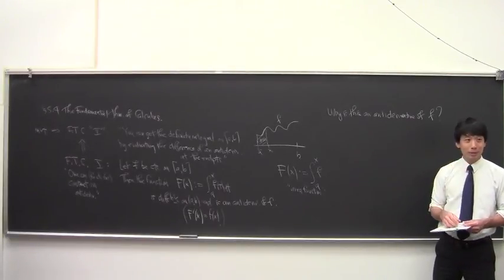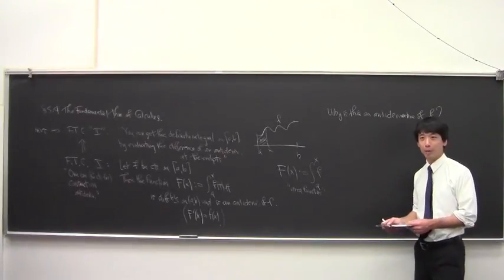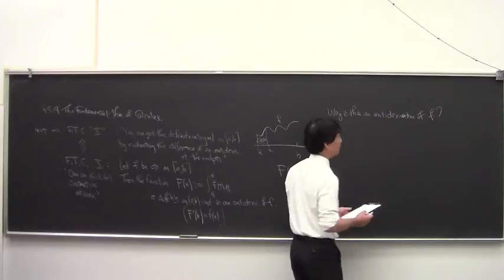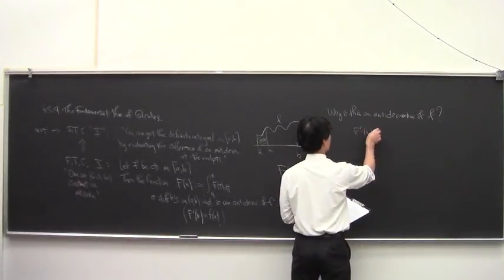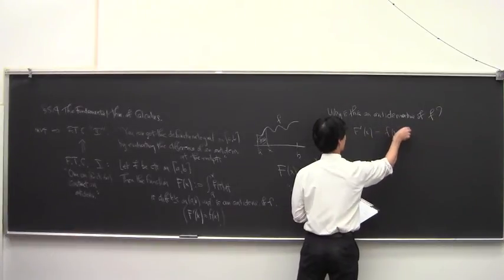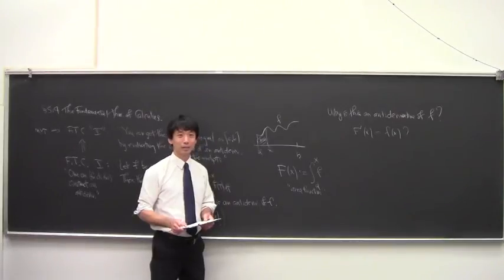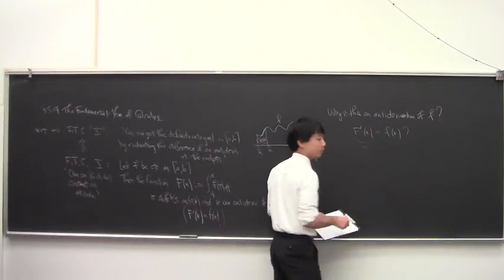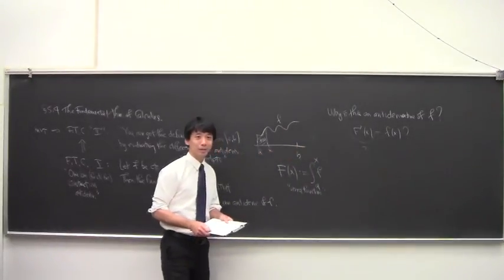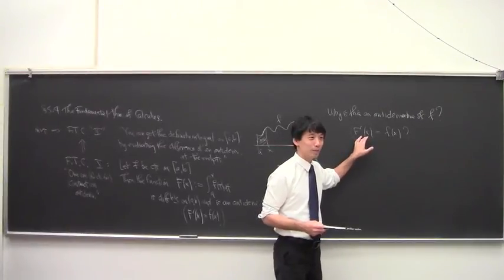I'd like you to think about it for 1 minute and see if you can figure out some reason why big F prime of x equals little f of x. Or just maybe think about what big F prime is. Actually, that's what I want you to think about. So think for 1 minute. What is big F prime anyway at x?